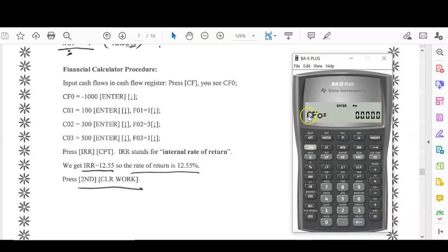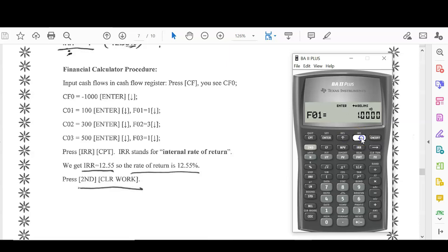Okay, so now let's input the cash flows again. Negative 1,000 as cash flow 0, enter, down button, cash flow 1, 100, enter, down button, frequency 1, cash flow 2, 300, enter, down button, frequency 3. Let me double check.